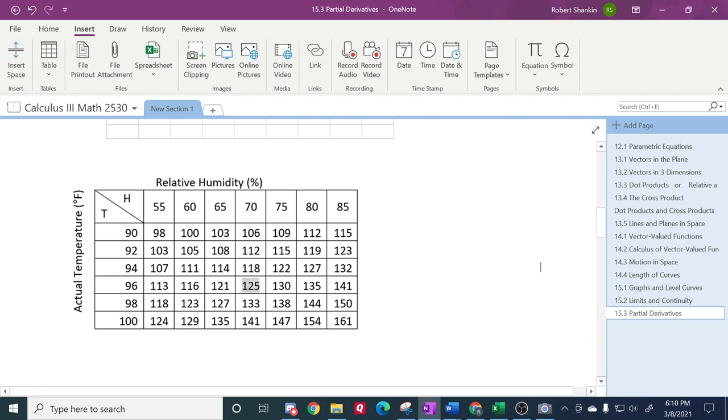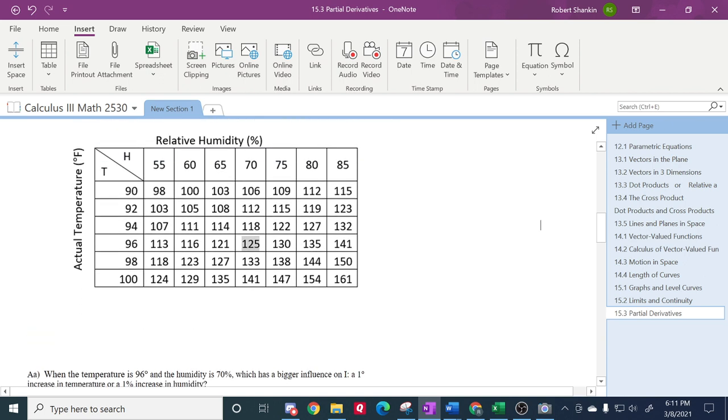If the temperature is 96 degrees but the relative humidity is 65%, it feels like 121 degrees. Increasing by 5 percentage points, it feels like 125. Increasing by 5 more percentage points, it feels like 130 degrees. Similarly, we could look down this column. When it's 70% humidity and the temperature is 94 degrees, it feels like 118. If it's 96 degrees, it feels like 125. If it's 98 degrees, it feels like 133.